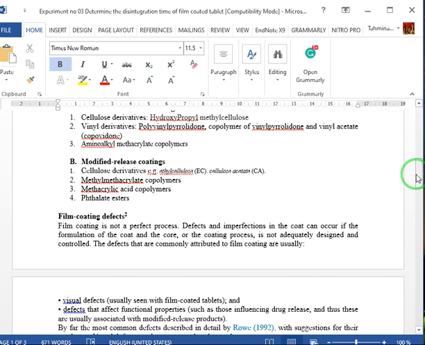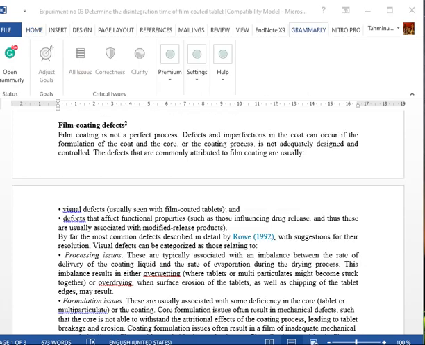The defects that are commonly attributed to film coating are usually visual defects, usually seen with the film coated tablet, and defects that affect functional properties. What are the functional properties? Such as those influencing the drug release, and thus these are usually associated with modified release products.